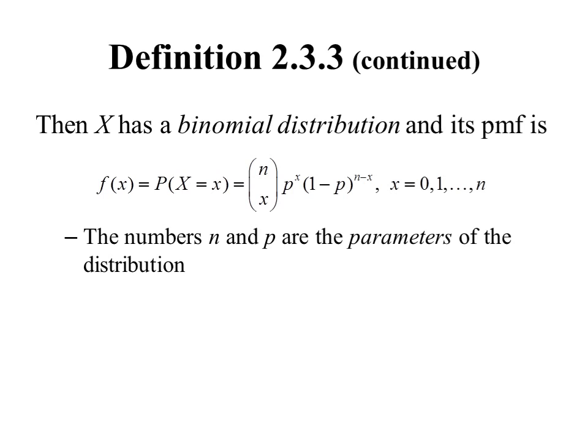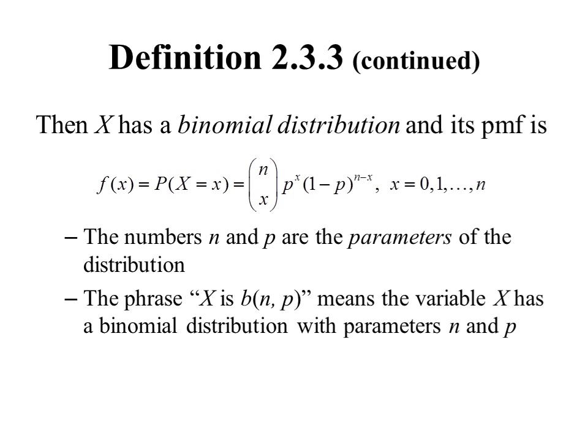Now this type of distribution has two parameters, n and p, and the phrase X is b of n comma p means that the variable X has a binomial distribution with parameters n and p. We're going to see this phrase come up a lot throughout the rest of the semester. So b stands for binomial. The first number is the value of n. The second number is the value of p.